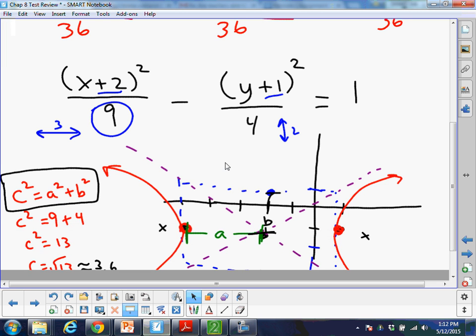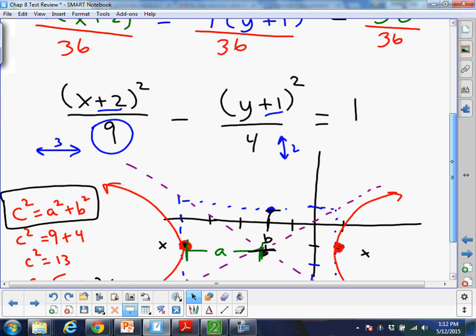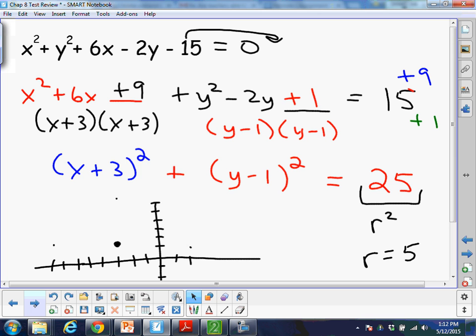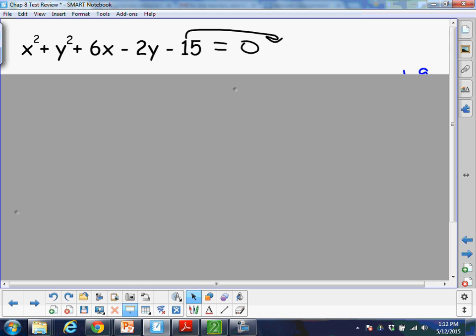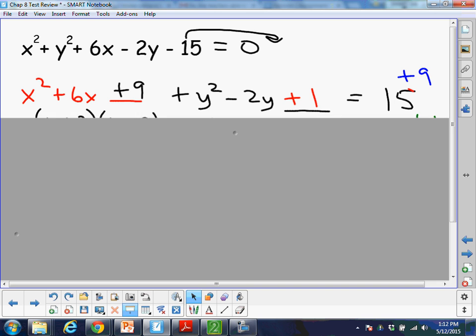Okay, I kind of just tried to draw it out by hand, so that's showing the same thing. All right, lastly, number 4, again, let's get the screen shade so we don't get overload here. Same kind of deal, I'm bringing 15 over, x squared and y squared, so I want to complete the square on both of them. So I'm kind of getting them in order. I just rearranged some terms, get the x's first, then the y's, complete the square like we did before.